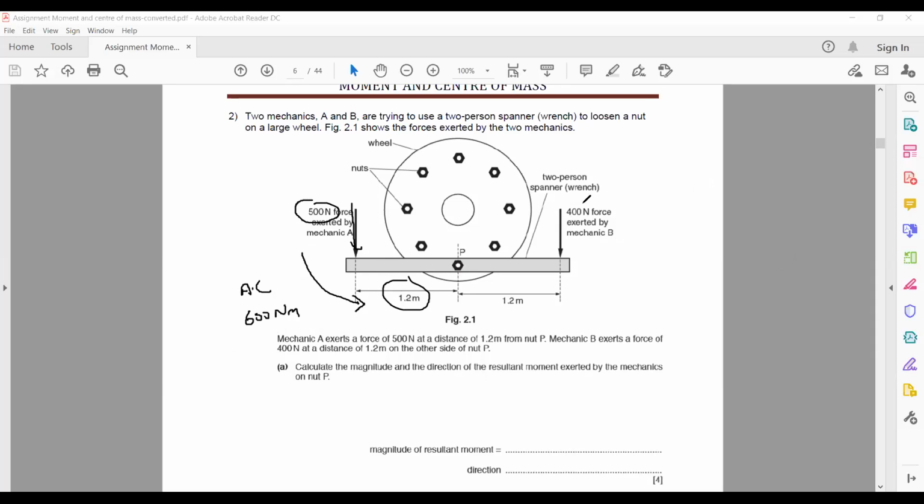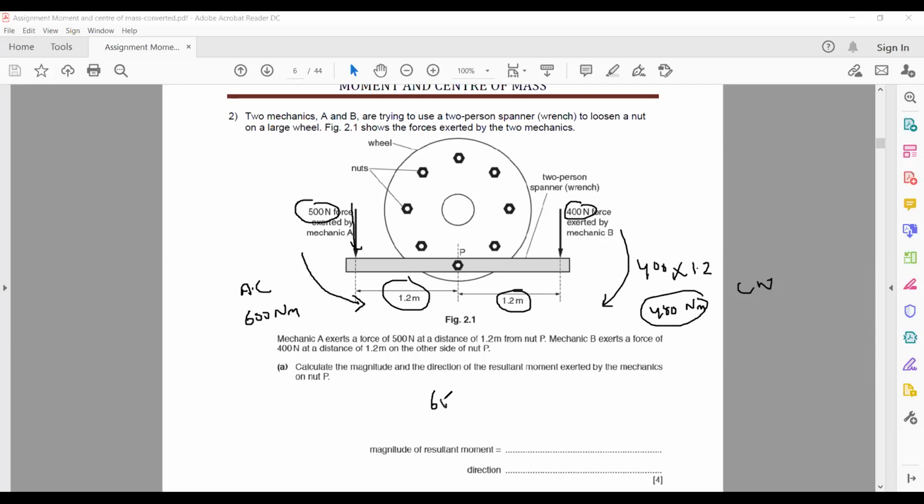Mechanic B applied a force of 400 Newton and is trying to cause a clockwise moment. So 400 multiplied by 1.2, that's equal to 480 Newton meter. So one is causing a clockwise moment, another is causing an anti-clockwise moment, and I mentioned that if two moments are in opposite directions, to get the resultant, you subtract.